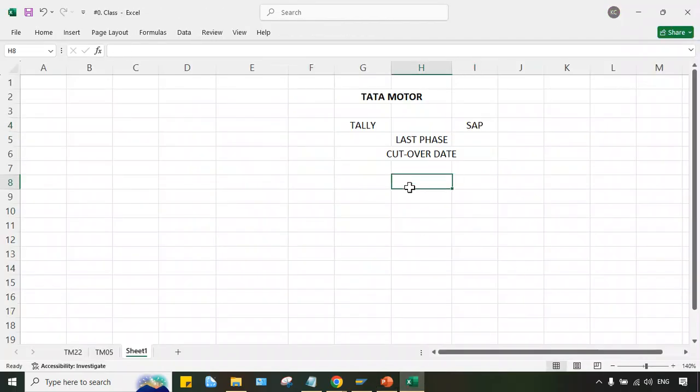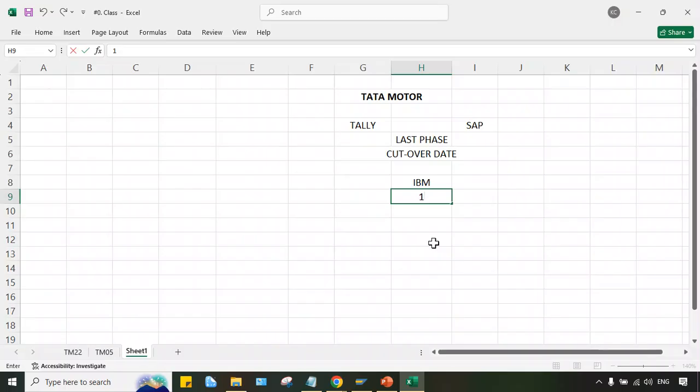There is another benefit, not for IBM, but for Tata Motors. Let's suppose the entire implementation is done by IBM. As per the implementation contract, let's suppose they have given 1 month or 2 months of free support.